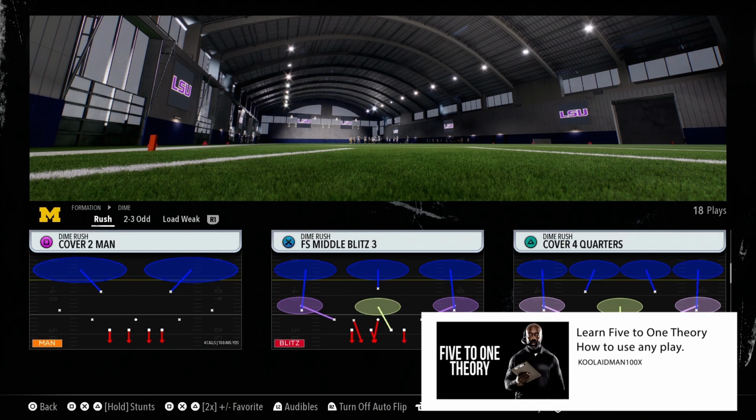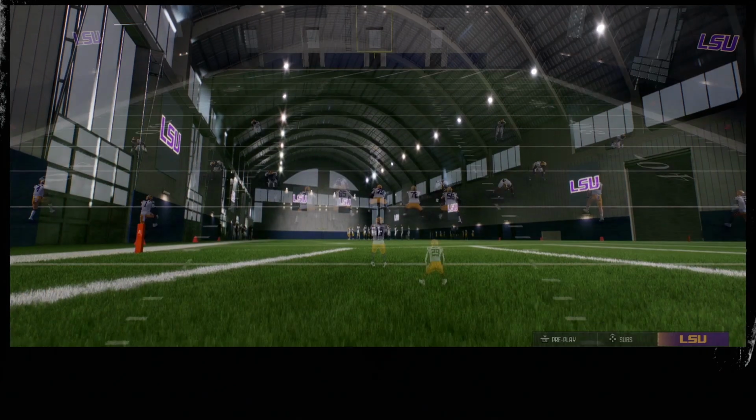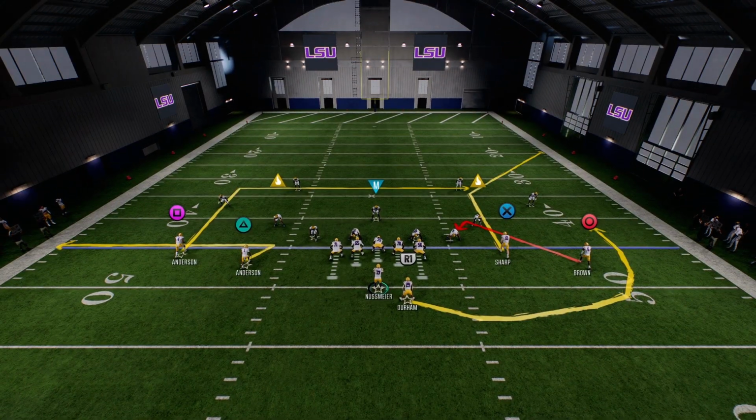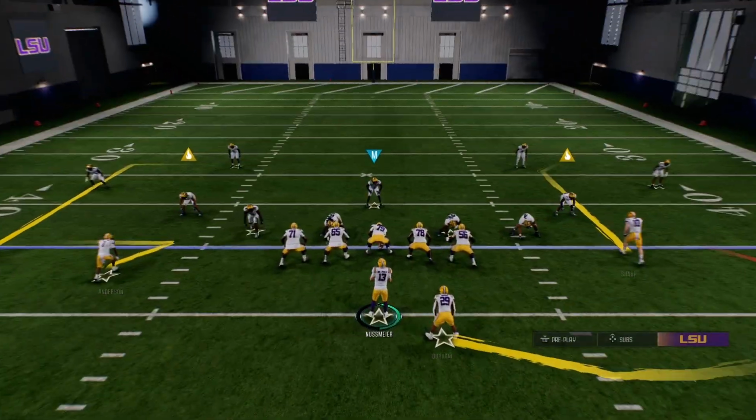Let's say we come out in a cover 4 situation and they come out in a cover 6, what would that look like? Still the same, because we have our offense spread out. See how it changes? Personally, I always come out in the spread.